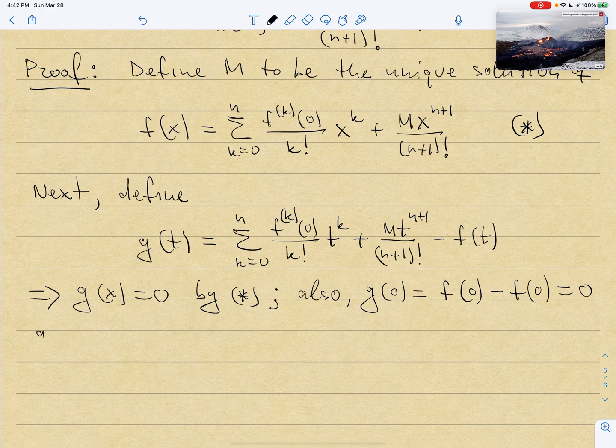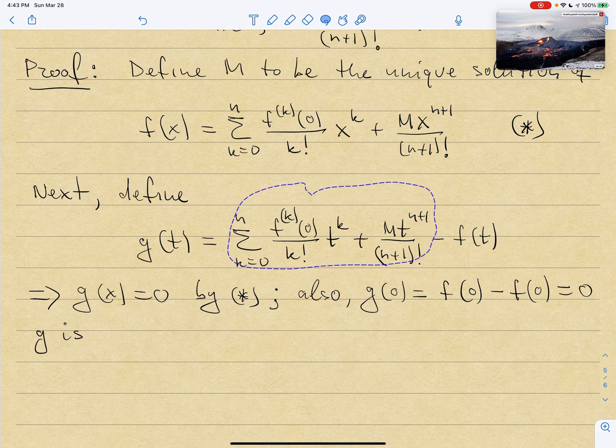g of t is going to be what? It is certainly a continuous function, right? Because f of t was assumed to be differentiable on the interval from a to b. So f of t should be differentiable, in particular on the interval from 0 to x. And f of t should be differentiable, right? Because it's differentiable n plus 1 times. So it's differentiable once. And everything else here is a polynomial in t, so that is differentiable and continuous. So differentiable as many times as you want also.